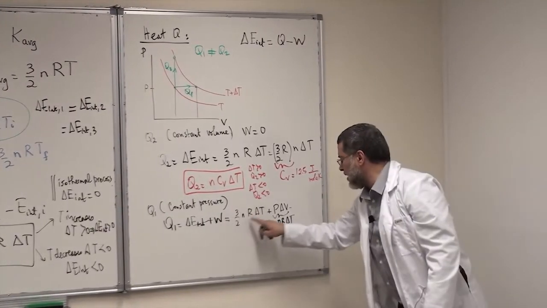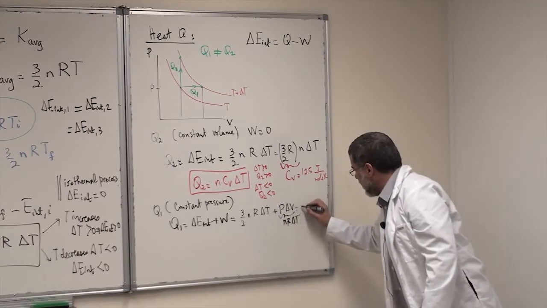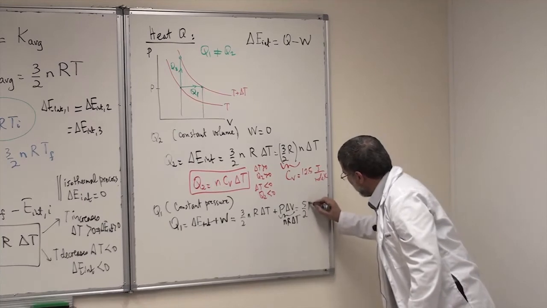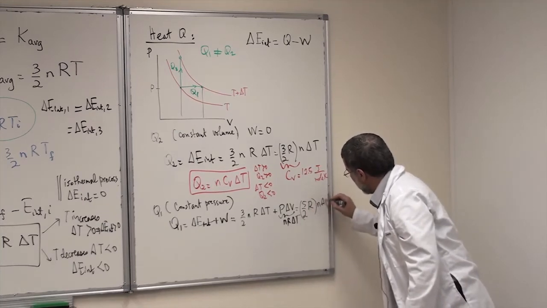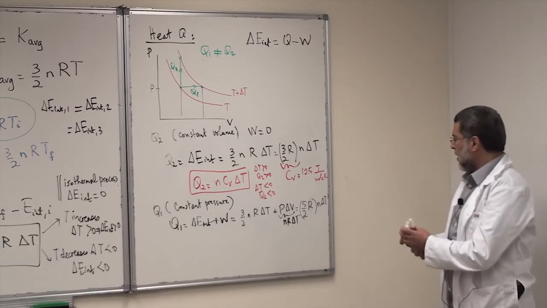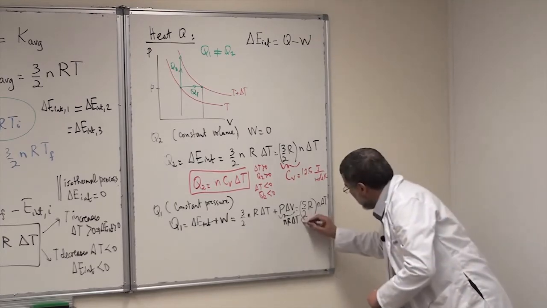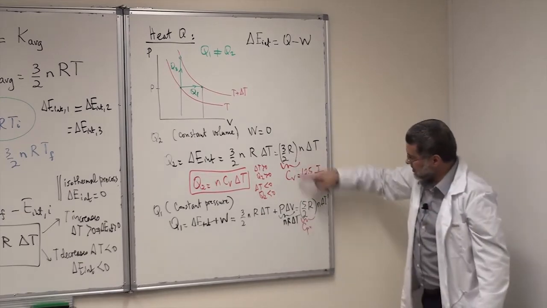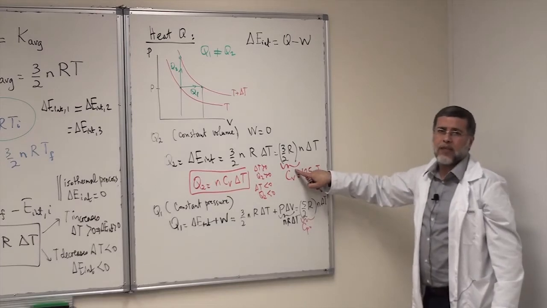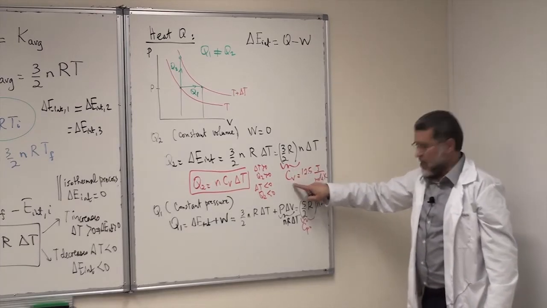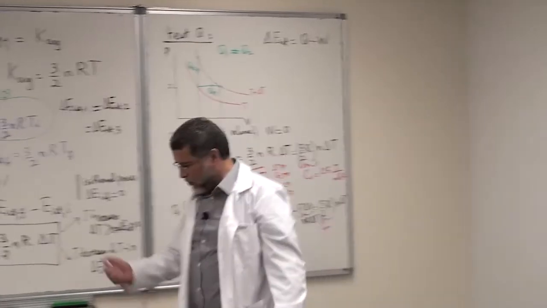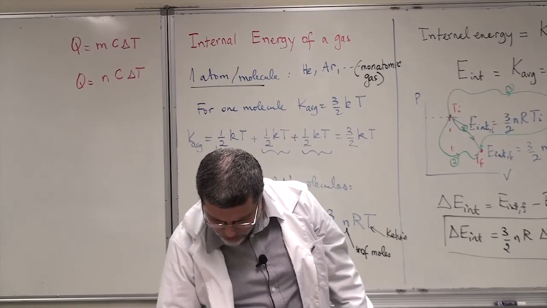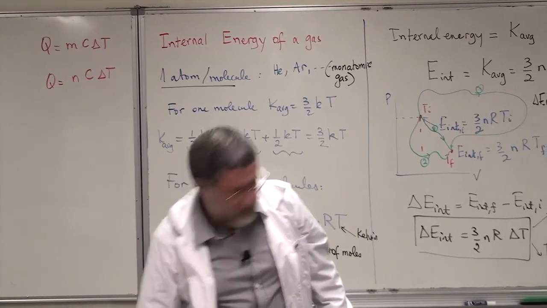So you have 3 over 2 N R delta T plus N R delta T. This gives you 5 over 2 R times N delta T. And this 5 over 2 R is going to be called CP, constant pressure, to distinguish it from this CV. This is called the molar specific heat, but this one is at constant volume, and this one is at constant pressure. And I can give you the value for CP. CP for monatomic gases is 20.8, okay?